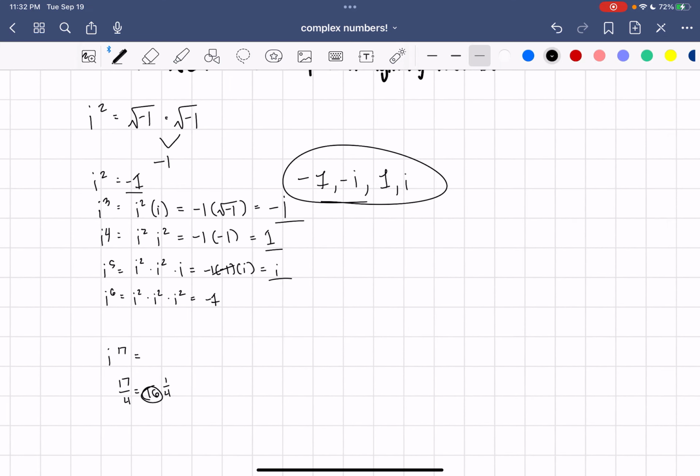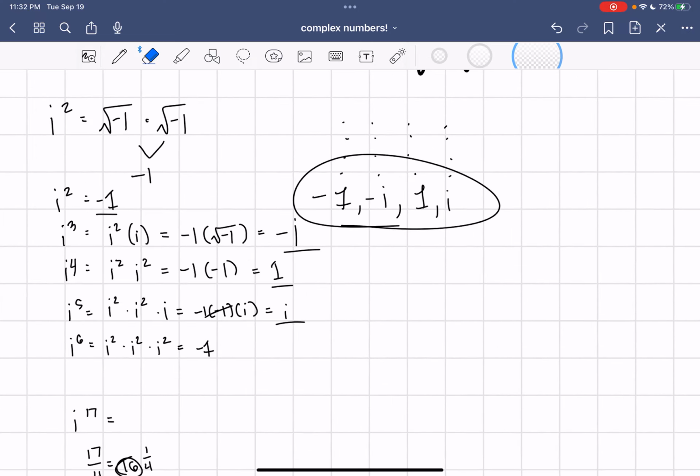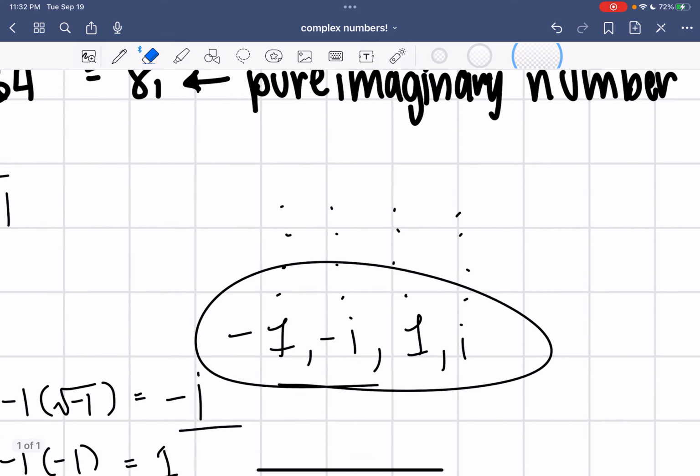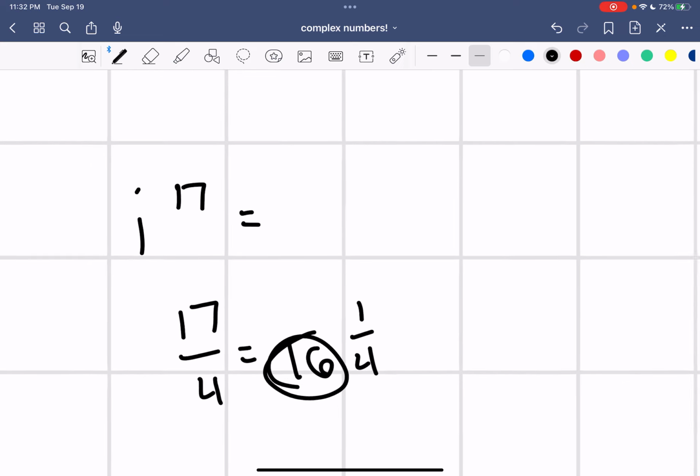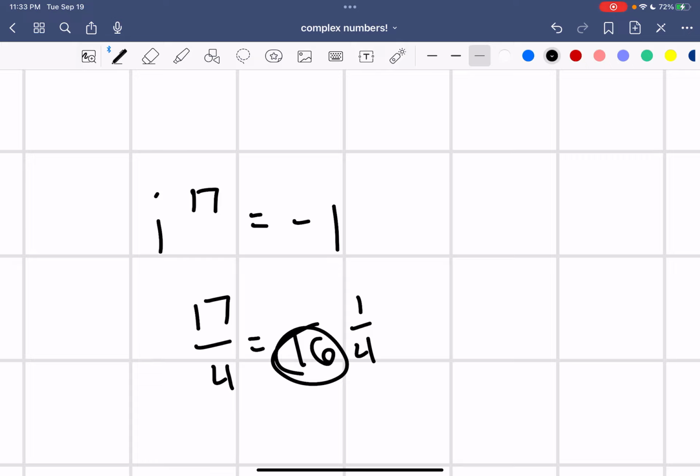So it goes 1, 2, 3, 4, 5, 6, 7, 8, 9, 10, 11, 12, 13, 14, 15, 16. Then on the 17th one, it would be -1. So I to the power of 17 is -1.